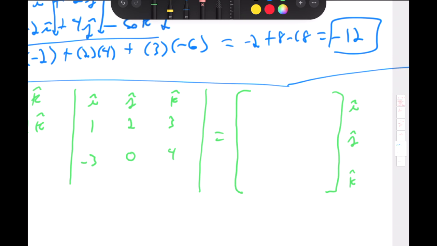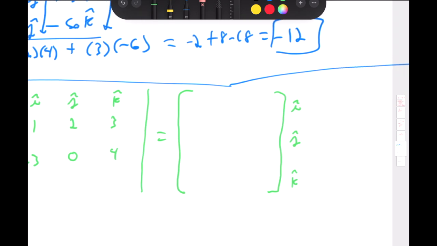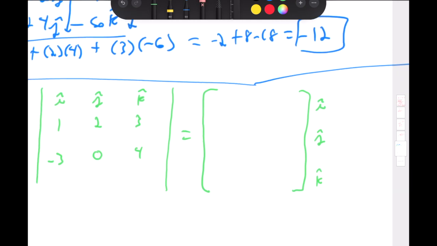Because remember, two vectors crossed will give me another vector. So I'll have something in the i direction, something in the j direction, something in the k direction. That's just how vectors go. I'll take each component in turn as I cross them, and you'll see what I mean by that, and then I will put them into the frame one by one. Okay, so in fact, I want to do one more thing.